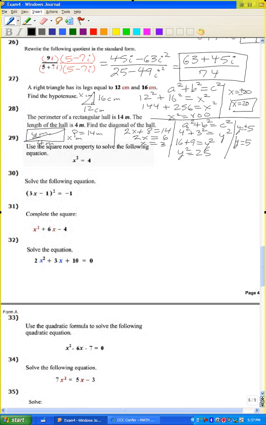So my answer is 5 meters. I don't know if I can write the units here. I guess not.